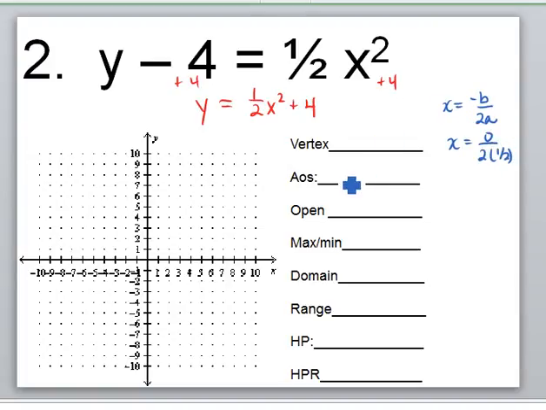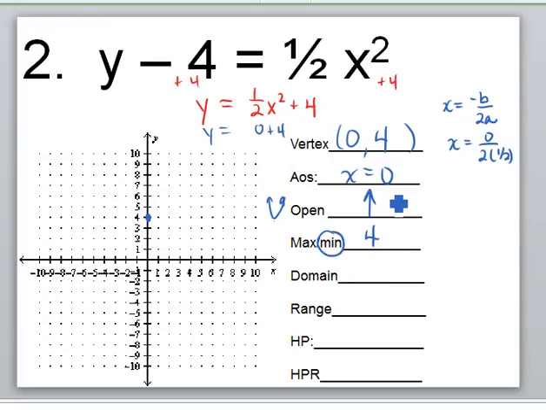It still makes my axis of symmetry x equals 0. When I plug in 0 to my y value here, I get 0 plus 4, so my vertex is 0, 4. I know this is going to open upward. If it opens upward, it means it's the minimum. The minimum value would be 4.